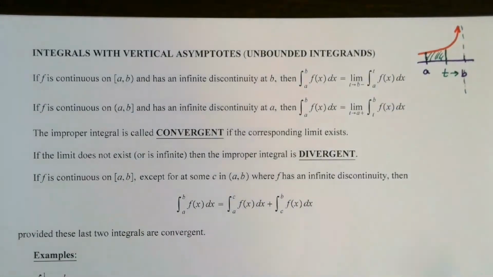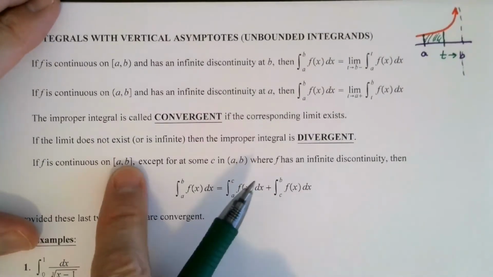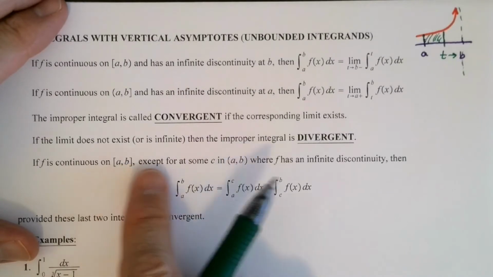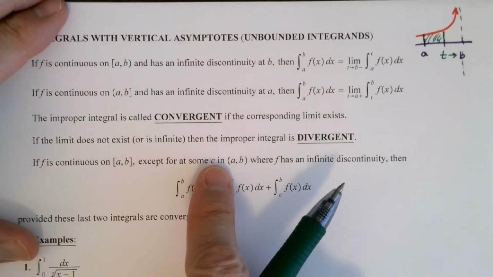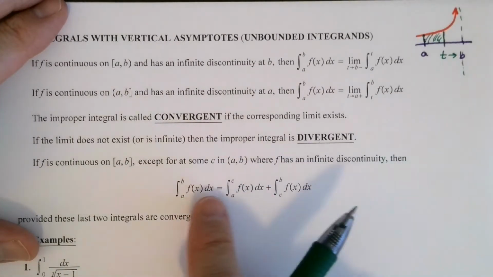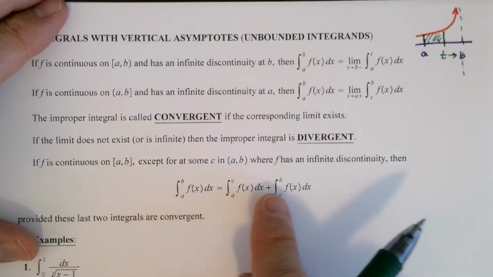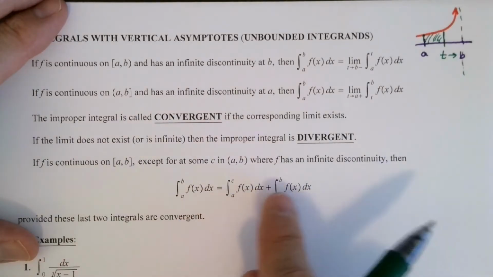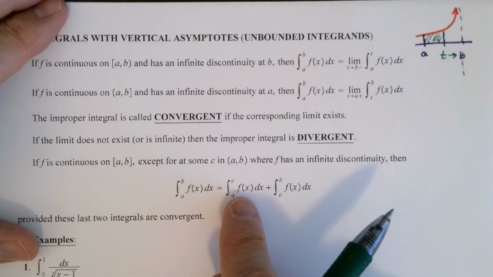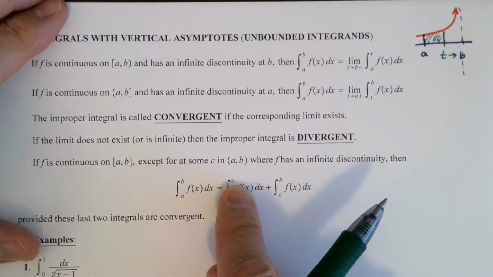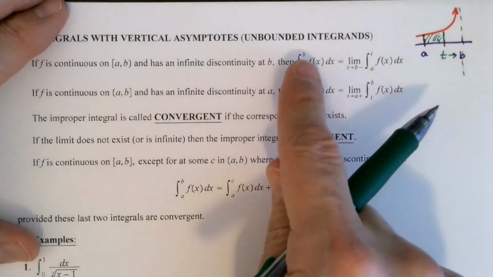Now, if we have a function continuous on the interval from a to b, except for some value c where we have a vertical asymptote, in other words, the vertical asymptote is in the middle, we've got to split up the integral into two parts. This one will have the infinite discontinuity at the upper limit, so it would be like the top one here.